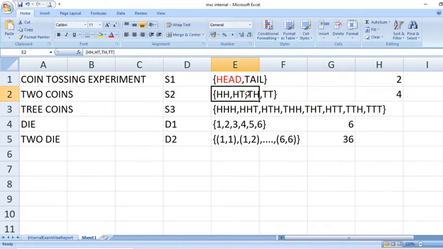And another event is HT and TH, that is a subset. The description for that event may be only one head or only one tail. So that is a subset of the sample space. That is an event, in this case the 3 coin tossing experiment.